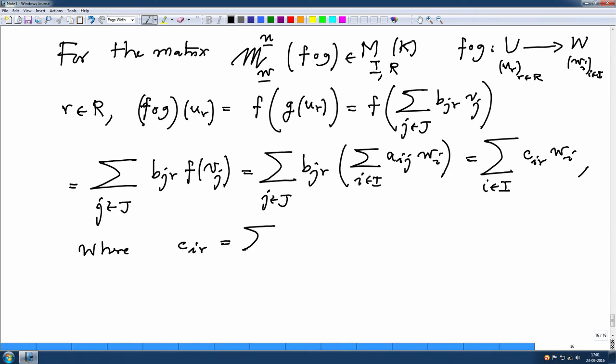So this is summation J in J, B J R times A I J. But because we are in a field, I can interchange this, so this is the same as A I J times B J R, and the sum is running over J in J. So you see, when J is running, this is the column index of the first matrix.